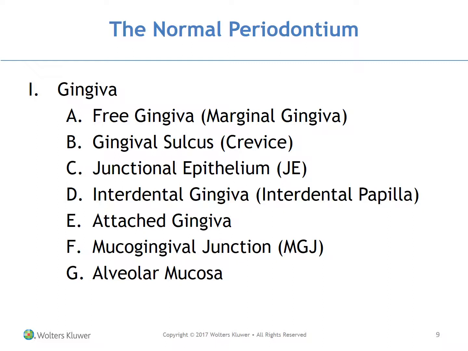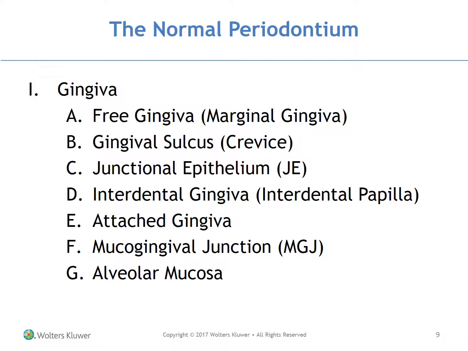All right, let's talk about the interdental gingiva. In health, the interdental gingiva occupies that interproximal space between two adjacent teeth that are in contact. Okay, so any two teeth that are contacting each other should have that space filled with gingiva, with the interdental papilla or interdental gingiva.